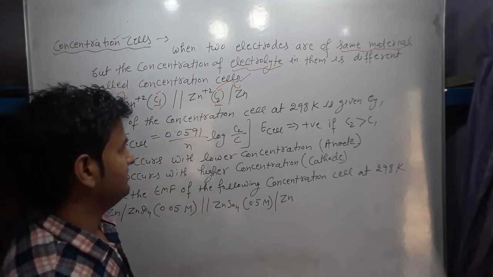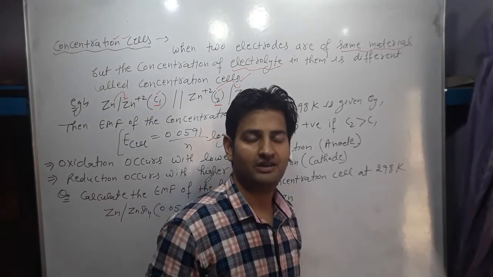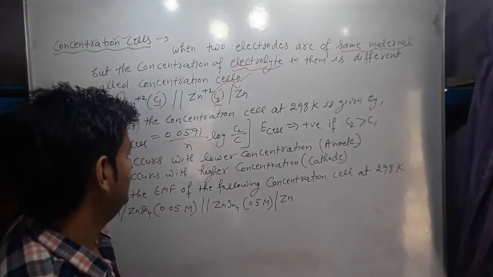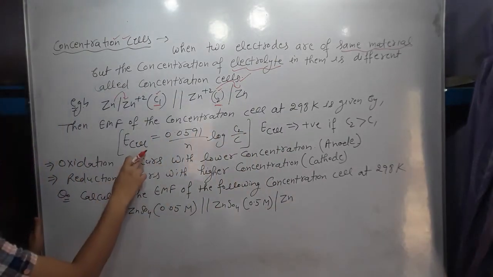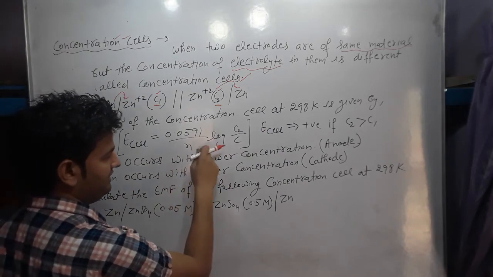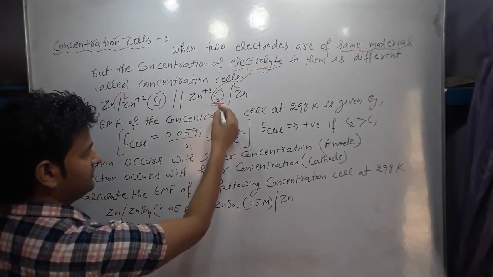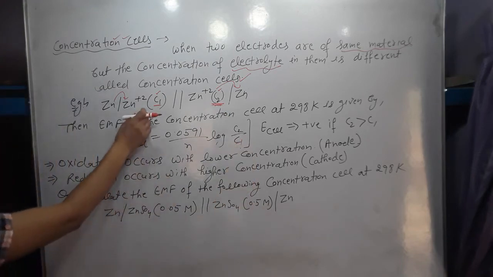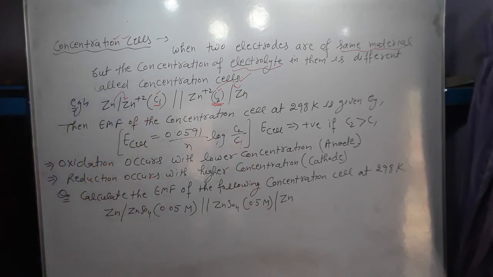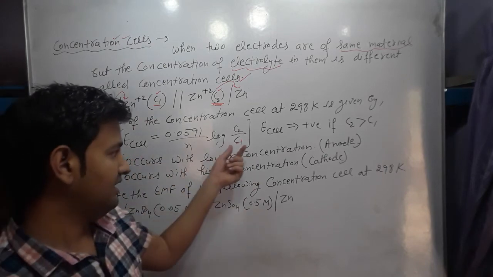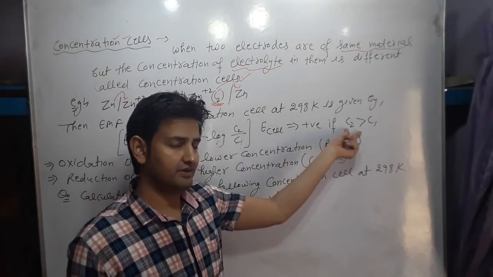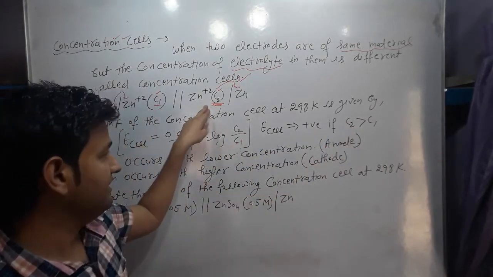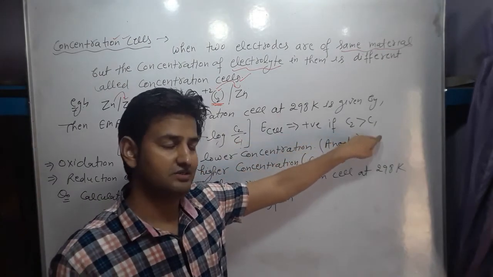Then the EMF of the concentration cell at 298 Kelvin: simply apply EMF of cell equals 0.0591 over n log C2 by C1, where C2 is the concentration at the cathode and C1 is the concentration of the anodic ion. The EMF of the cell comes out positive if C2 is greater than C1.